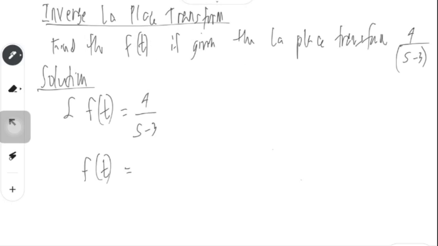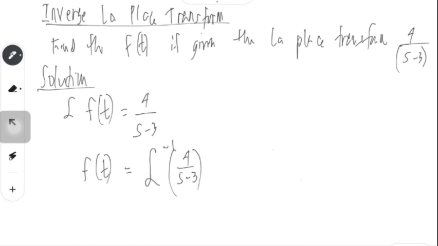And the symbol for the inverse Laplace transform is L to the negative 1. Okay? 4 all over S minus 3. What must be the function such that when you take the transform, the result is 4 all over S minus 3? An idea?